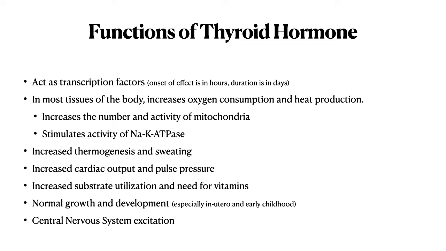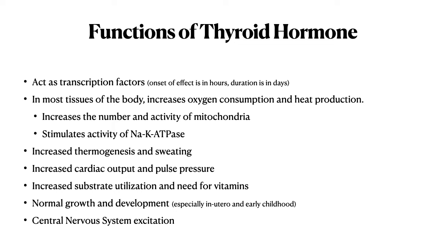It does this by increasing the number and activity of mitochondria, and it stimulates the activity of the sodium-potassium ATPase, which will pump out of the cell sodium and pump inside the cell potassium, which is against the concentration gradient and therefore utilizes adenosine triphosphate, which is readily available because you have increased the number and activity of mitochondria.